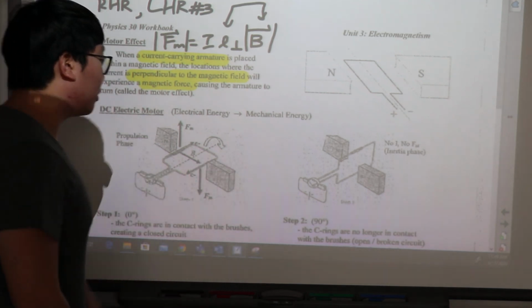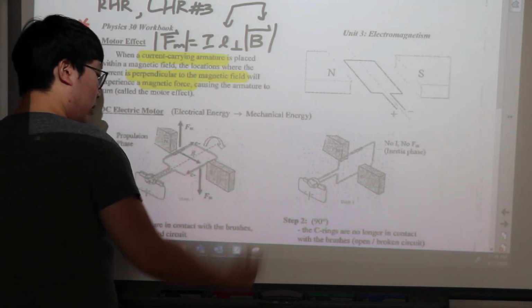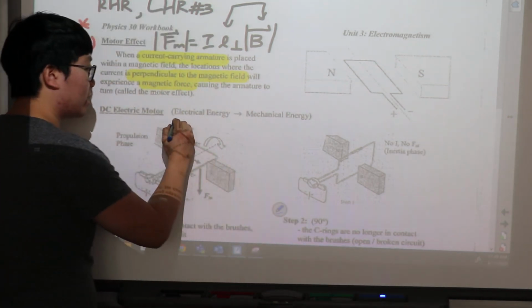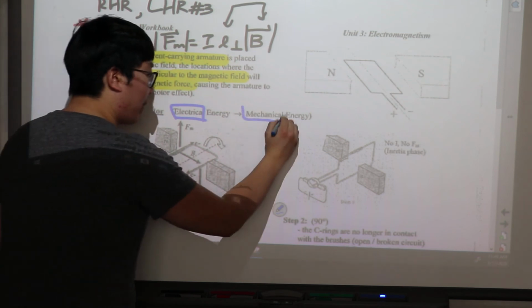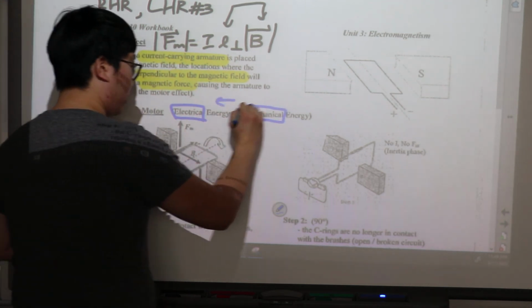And let's actually apply it to each of the situations. First thing first, when it comes to a motor, you need to understand that it's always electrical energy as a start and mechanical energy as where it's going to. If it's the other way around, that's a power generator.